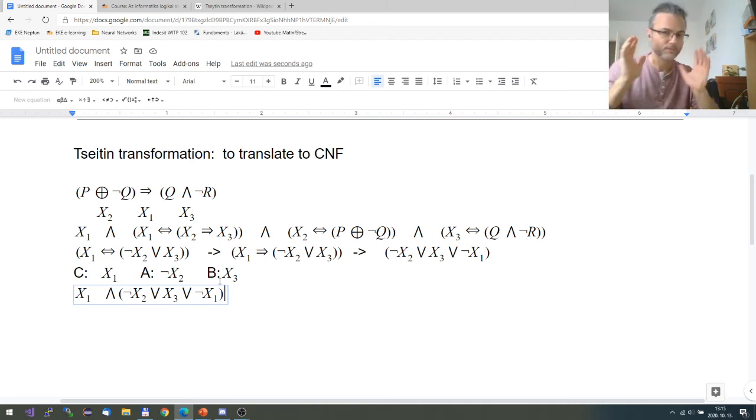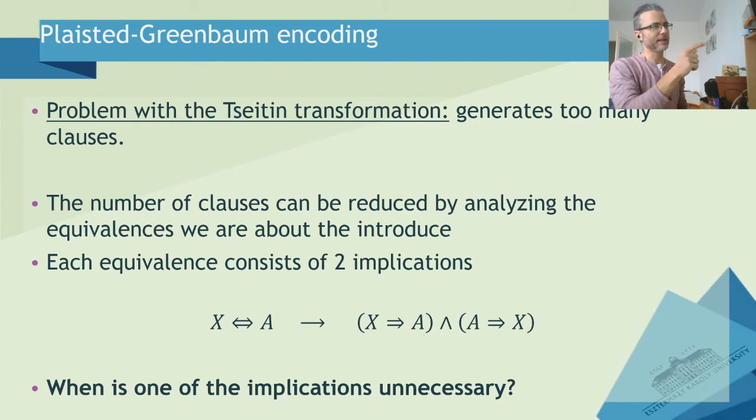Okay, so to summarize this, by using Plaisted and Greenbaum's idea, you can reduce the number of clauses sometimes very drastically.